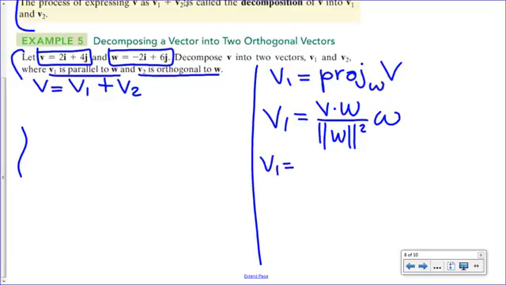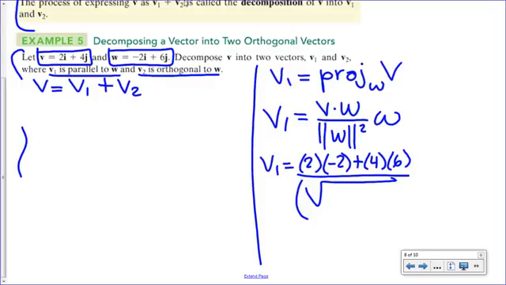So this will be 2 times negative 2 plus 4 times 6 divided by the square root of negative 2 squared plus 6 squared.